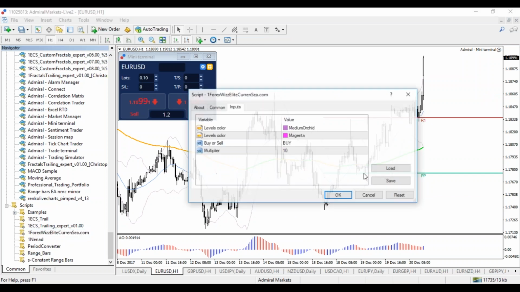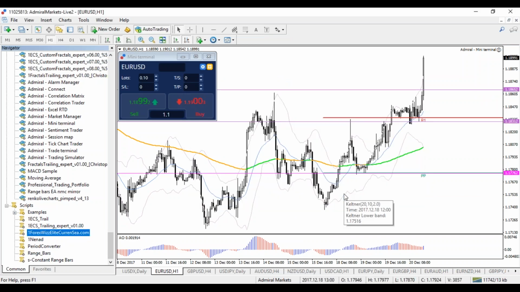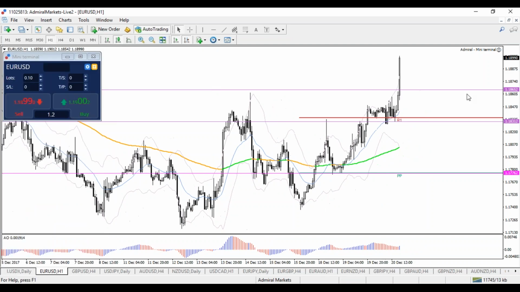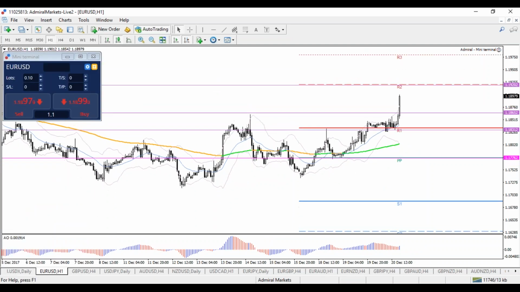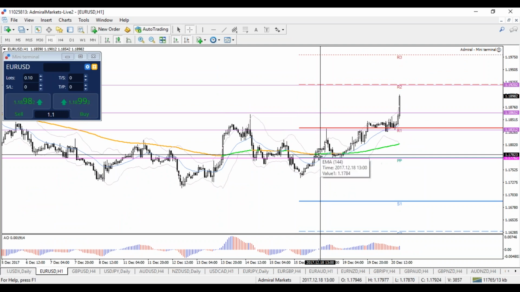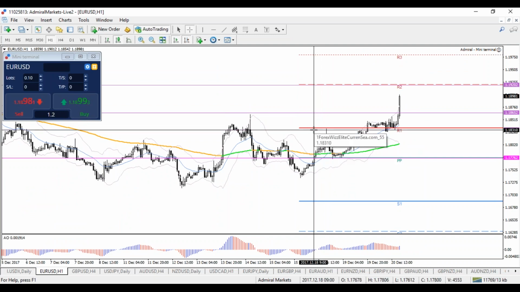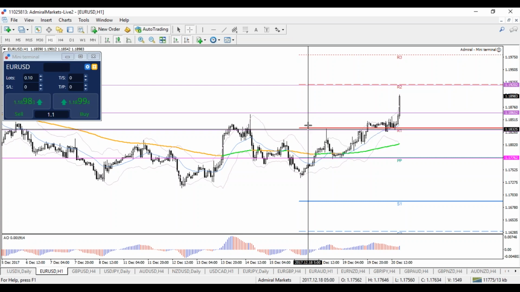It automatically plots those Wiz levels, and on the hourly chart, it doesn't show all sequence levels. If you did that, you would have too many lines, especially between 0 and 55. You would have 1, 2, 3, 5, 8. It would be too crowded.